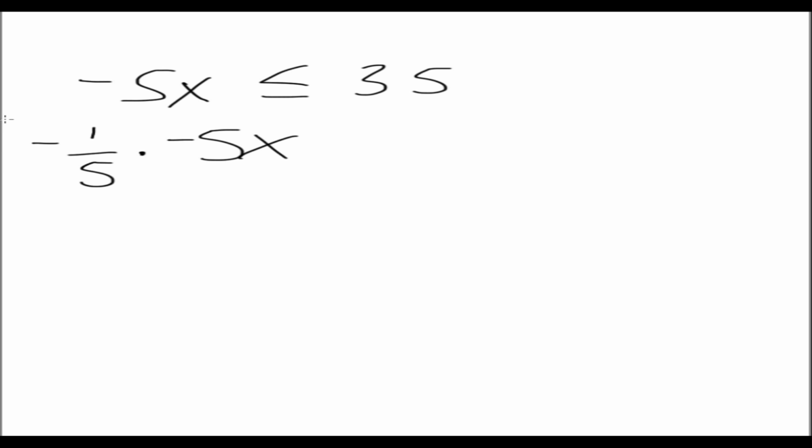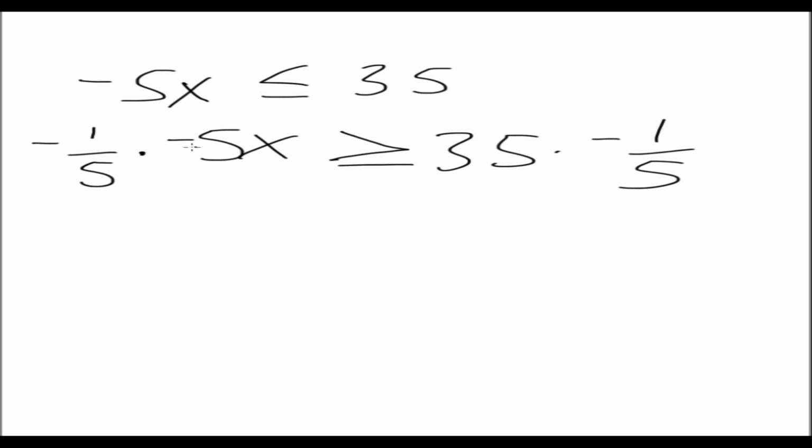So I flip right here, is greater than or equal to 35 times a negative 1/5. Negative times a negative is a positive. 5 over 5 is 1. I'm left with x is greater than or equal to a negative. 5 goes into 35 7 times. So we get that x is greater than or equal to a negative 7.